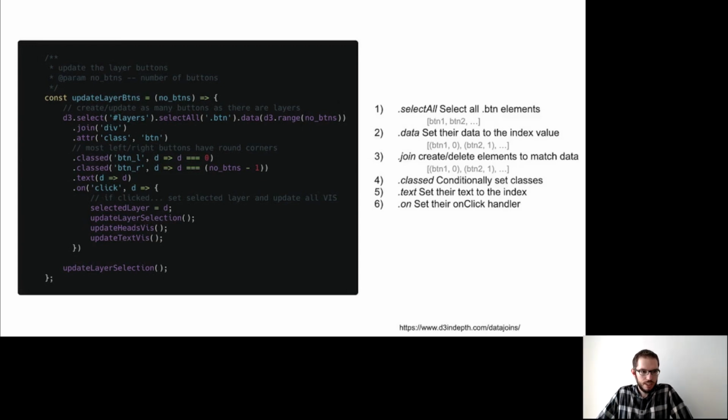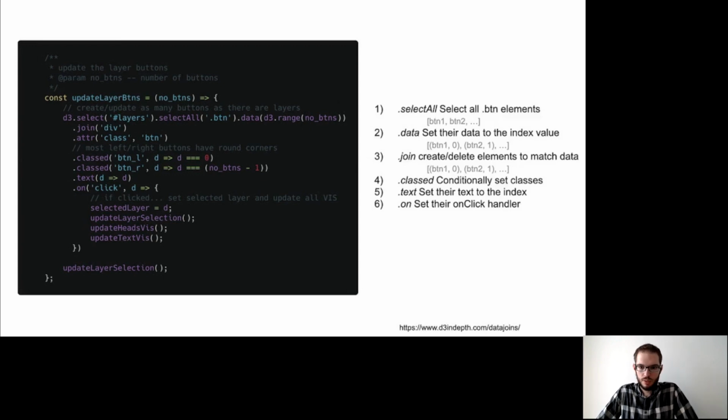To go into the first one of these, our update layer buttons, we're using D3 magic to actually update the DOM or virtual DOM within a single function call that is chained together. And it has a couple of elements. So to walk you through this, in D3, what we can do is to call selectAll, which will create an array of all of the elements that are of type .btn within the layers.